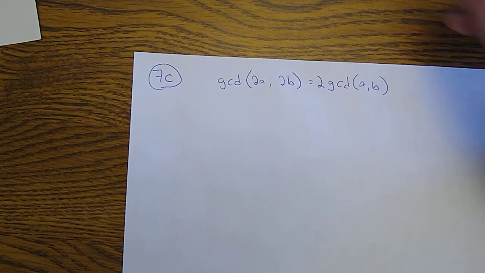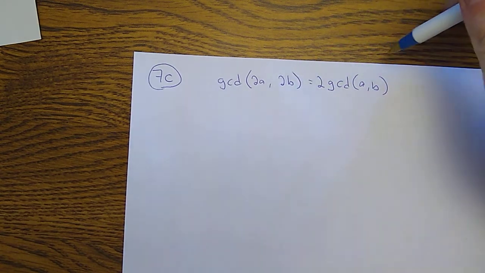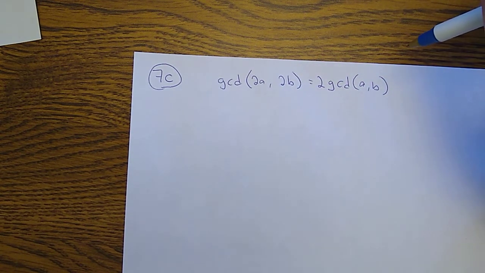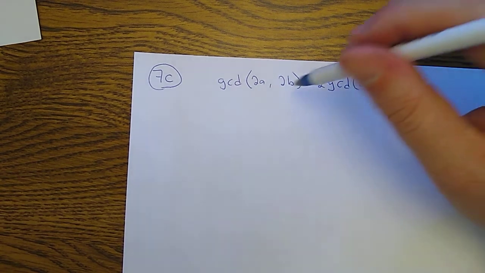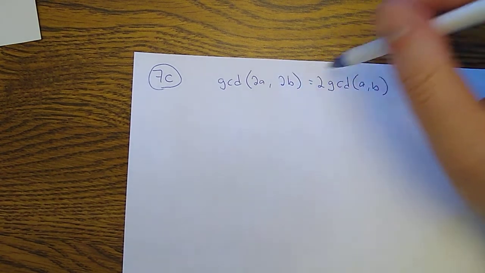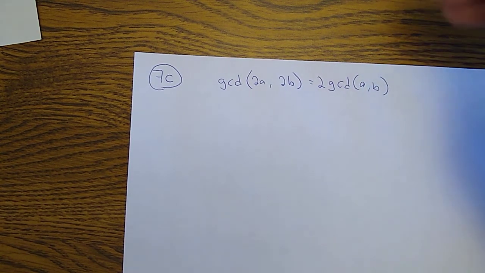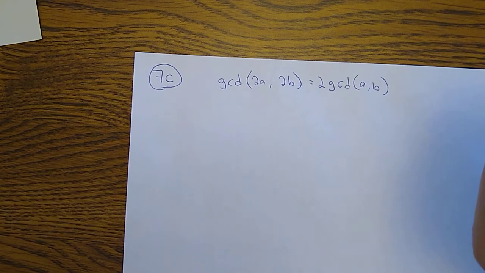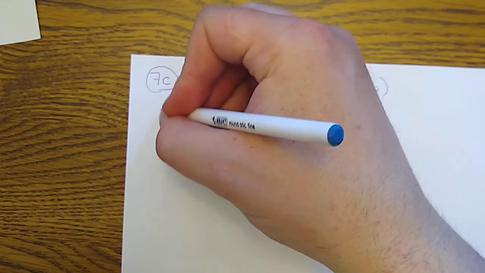If you try that, you're going to find every single time that it's true. I won't go through that, but I'm just pointing out that you can try a few numbers and figure out a good guess that this is a true statement and then try to prove it. So let's skip that part and just try to prove it.